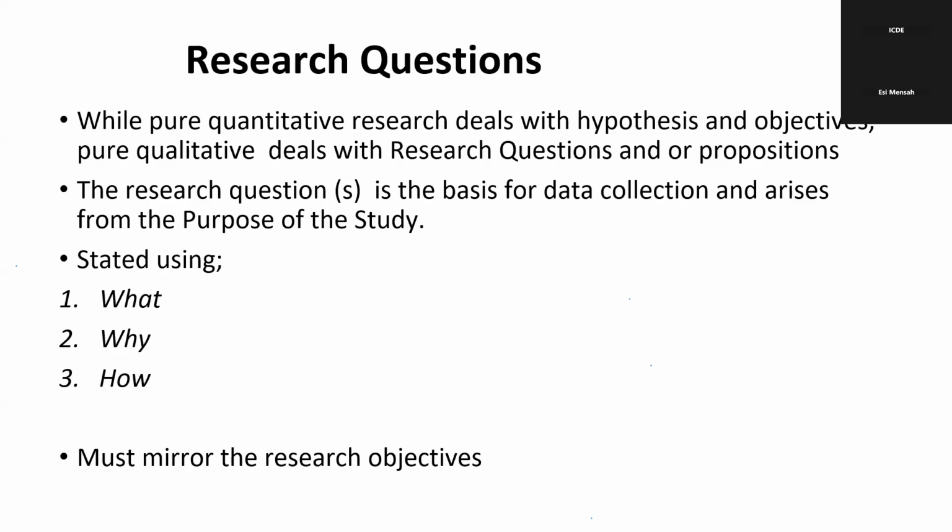Now, your research questions must mirror your research objectives, the specific objectives that you have written. The only difference between the research question and the research objective is that for research questions, we use the words what, why, how to start the questions.